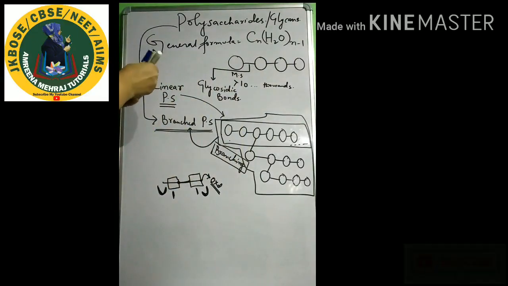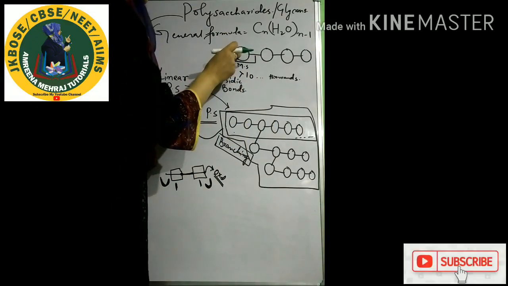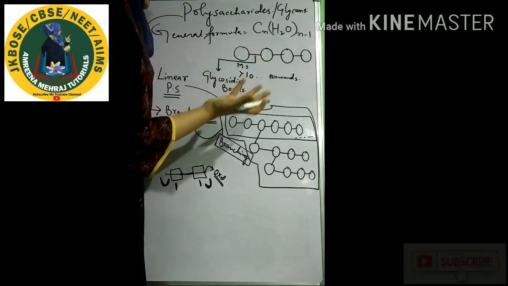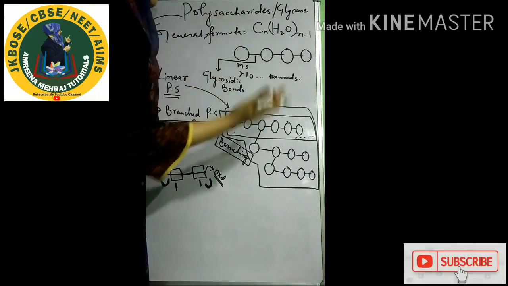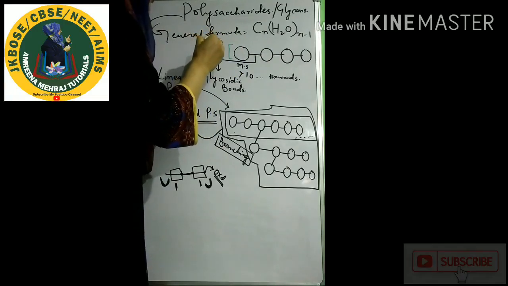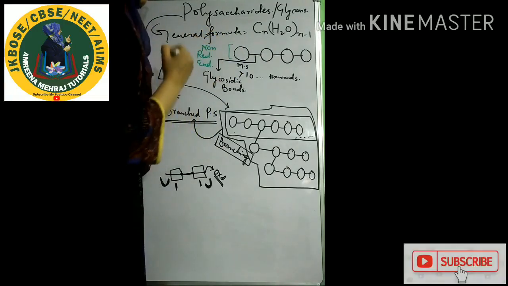polysaccharides also. Here you will have this monosaccharide, and you can observe that its carbon number 1 is not available for reaction. That means this carbon number 1 is not available for oxidation. That's why this end becomes the non-reducing end of the polysaccharide.